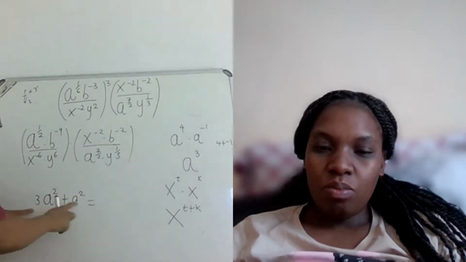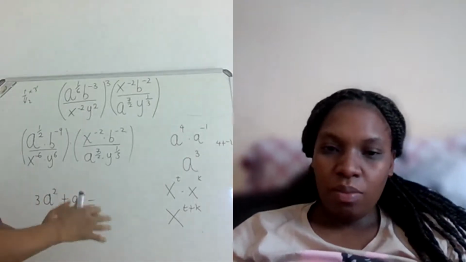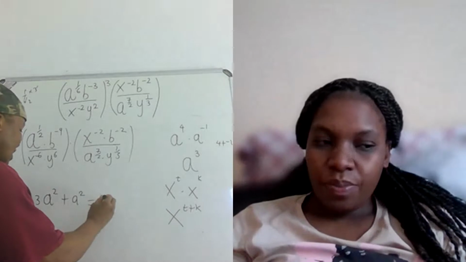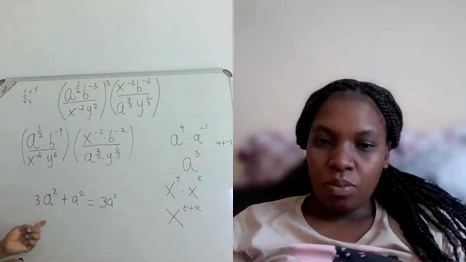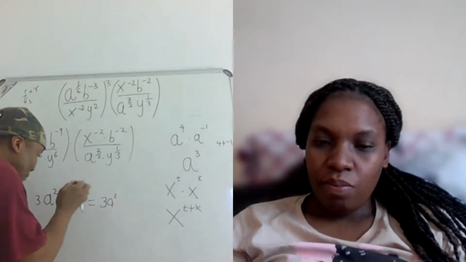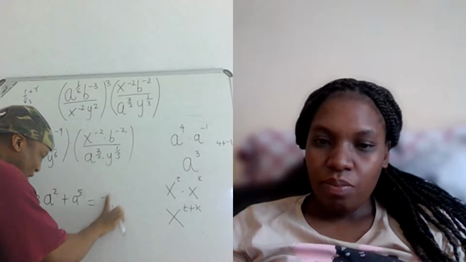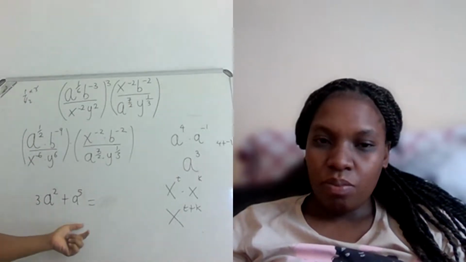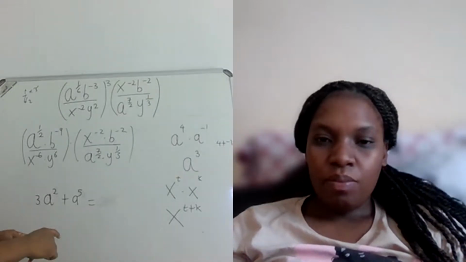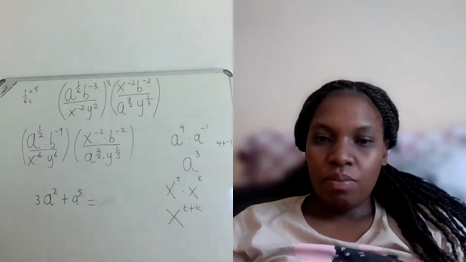But these are 3, this is 1. You add them together, and this is going to give us 3a squared because they're like terms. However, if this was, let's say, 5, nothing could be done, because it's not the same. You cannot add them together, so it stays the way it is.